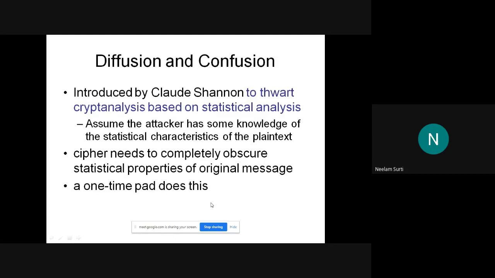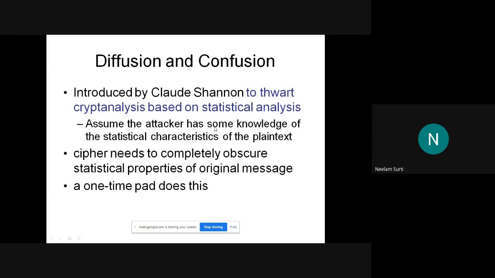So what is the meaning of confusion and diffusion? In the process introduced by Claude Shannon, the meaning of diffusion and confusion is that statistically it should be very hard to get the plain text from the ciphertext. Cryptanalysis based on statistical analysis should be as tough as possible.